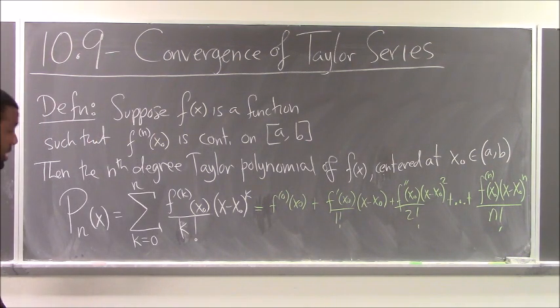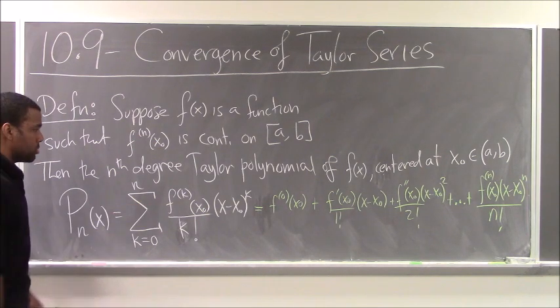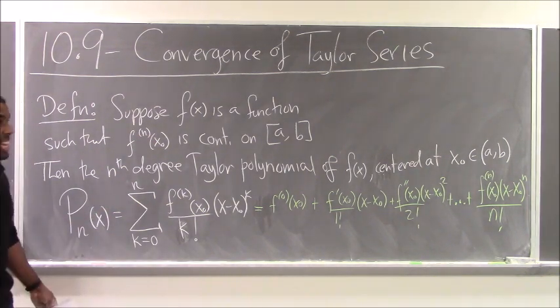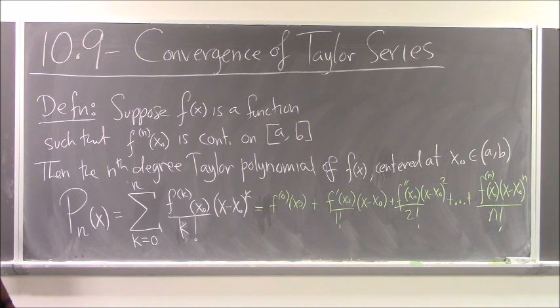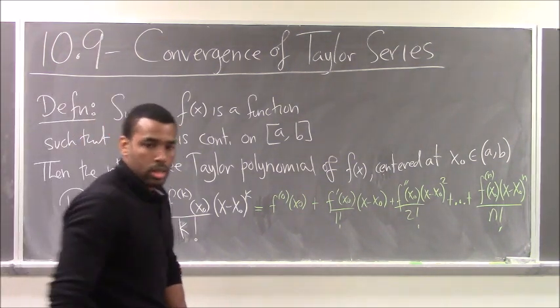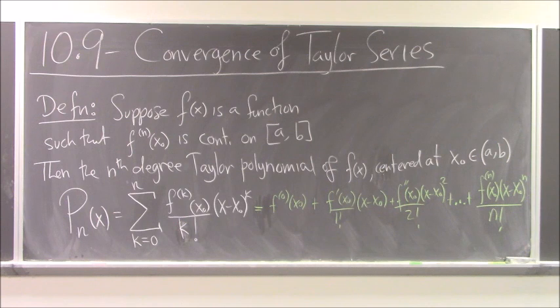So you can talk about a finite Taylor series, and it's called a Taylor polynomial. If you use n terms, go up to the nth power, you call that the nth degree Taylor polynomial. So I'll give you some time to take a screenshot there. 3, 2, 1.